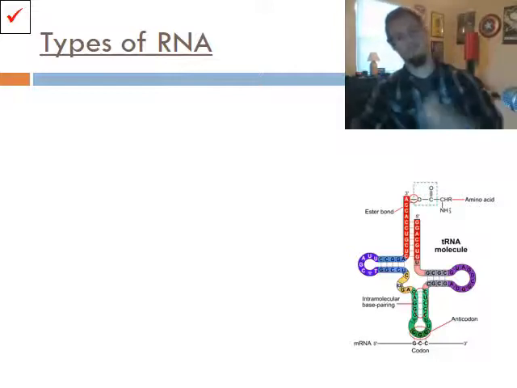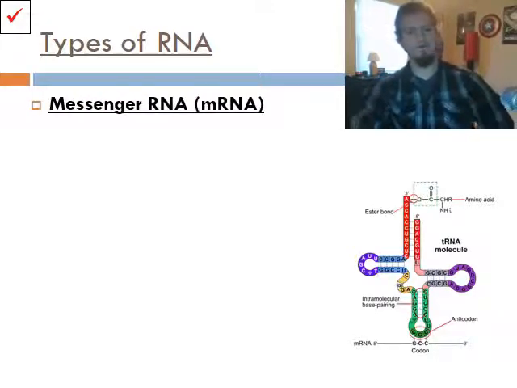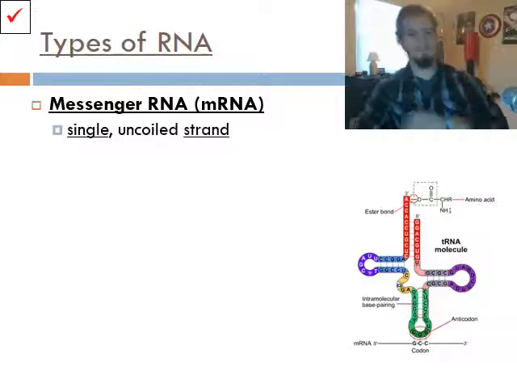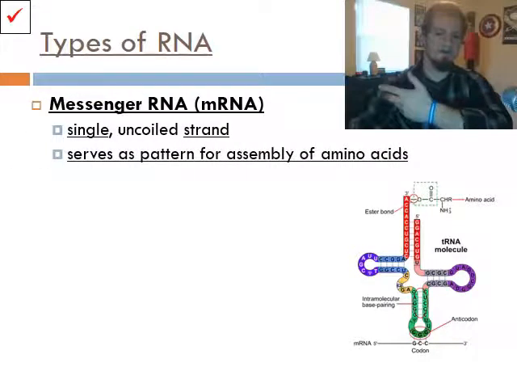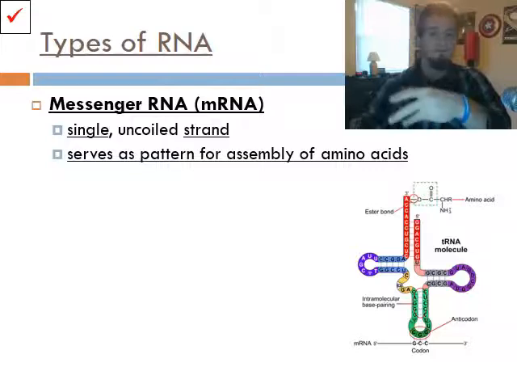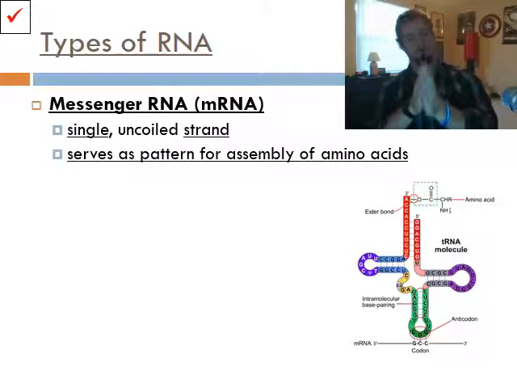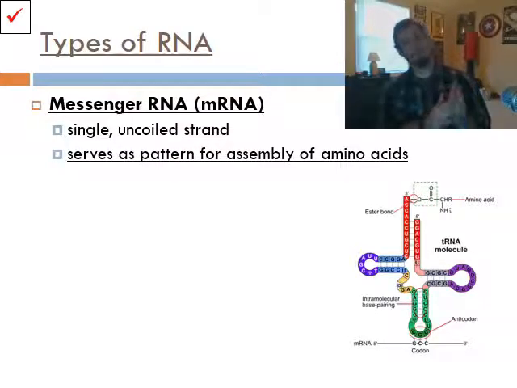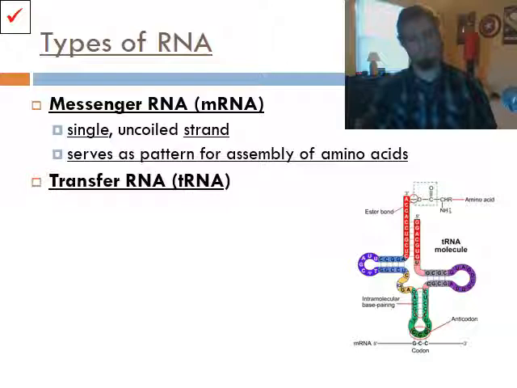So we have three types of RNA. We have messenger RNA, known as mRNA. This is a single uncoiled strand, and it serves as a pattern for the assembly of amino acids. Now, if you think back to the biochem unit, we know that amino acids are the monomers of our protein. We have tRNA, or transfer RNA.